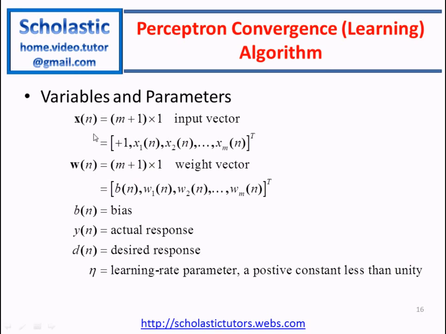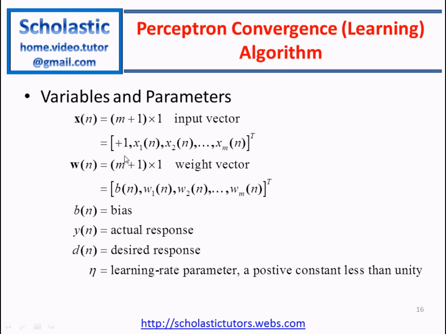We have the input variables, input parameters, which are going from 1 to m. Basically, there are 0 to m because of the bias, so we have a bias plus m inputs, and we have a vector here, and we put a transpose t.